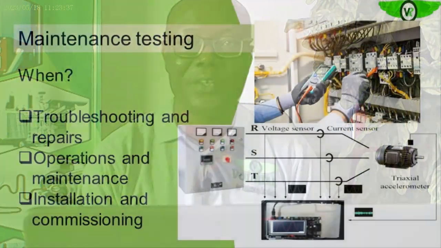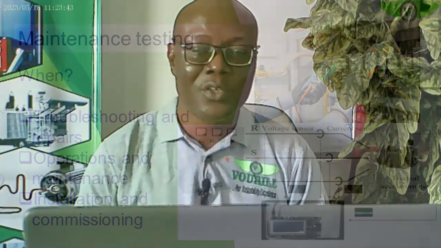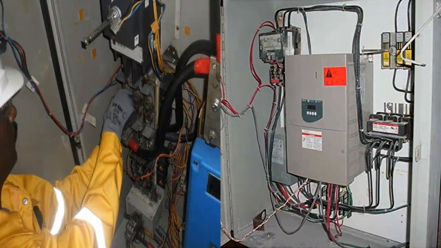So maintenance testing. When do we carry out maintenance tests on our electrical assets? Good question. So when do we carry out these tests? One, during troubleshooting and repairs. That is, when we already have a problem within the asset, within the equipment, within the installation, or within the circuitry.